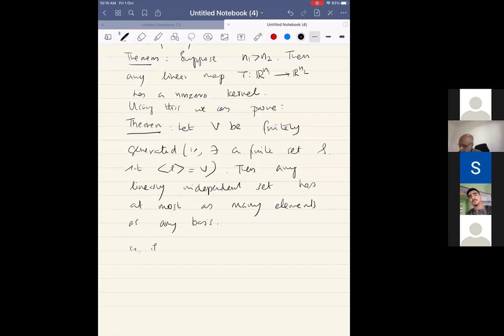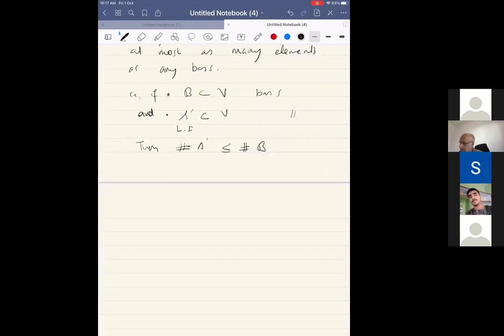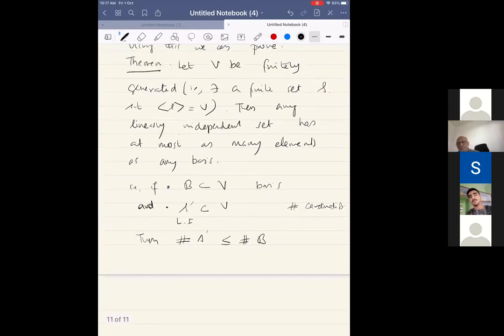If B is a basis and S prime in V is linearly independent, then the cardinality of S prime is less than or equal to the cardinality of B. Cardinality means the number of elements. So this is what the theorem says.